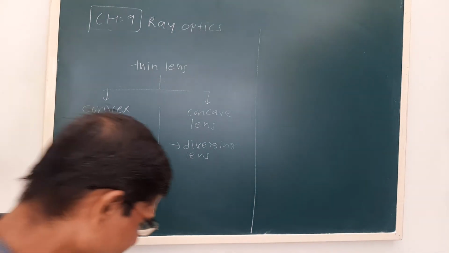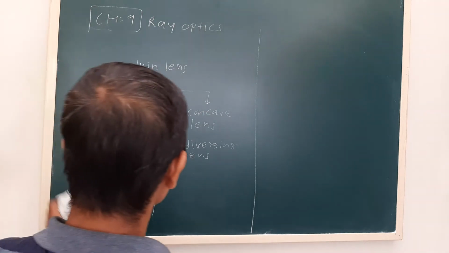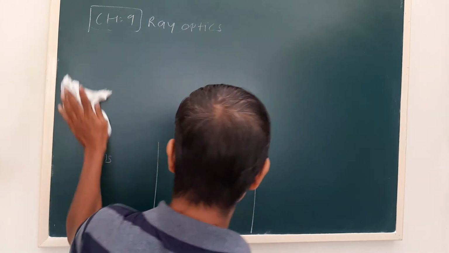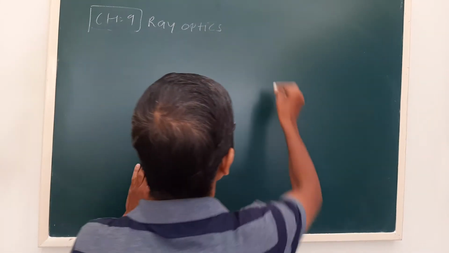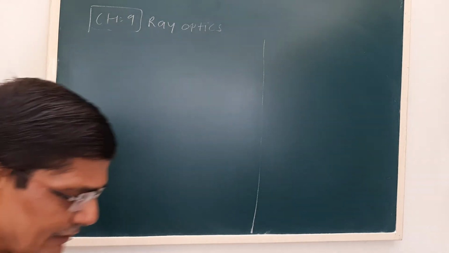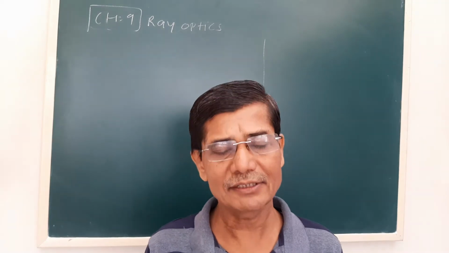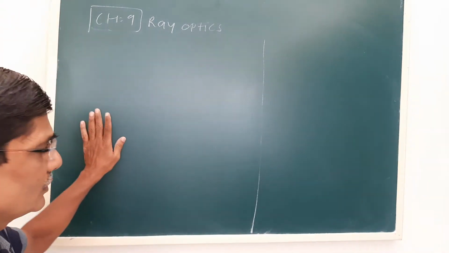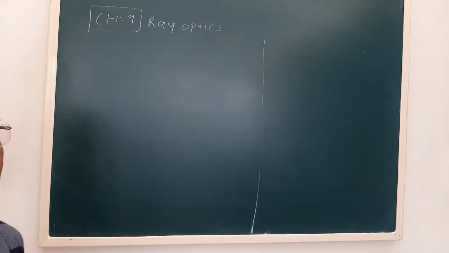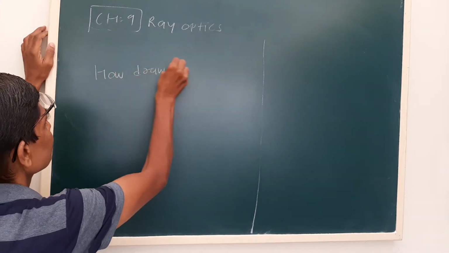Now we start for the lens and then we'll see how the image will be formed when the object is placed in front of a convex lens or a concave lens at different positions. Just like in the concave mirror, we have 6 conditions. Similarly here, concave mirror we call a converging mirror. Here, see, the convex lens is a converging lens, that we have to keep in mind. Now first, we see how to draw.